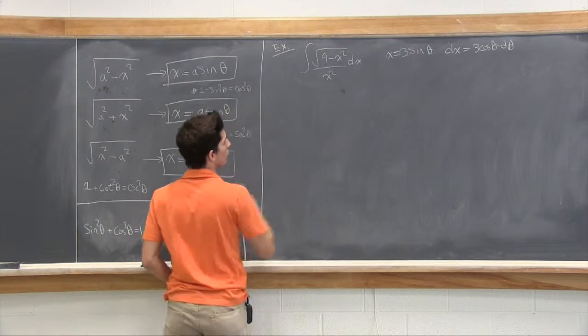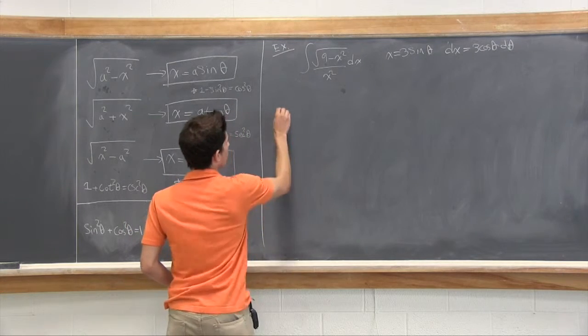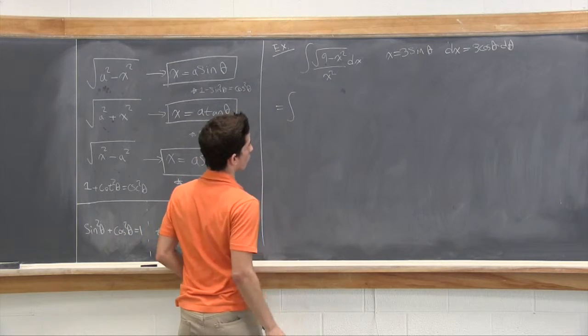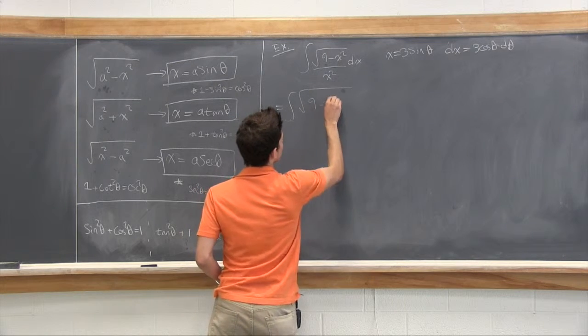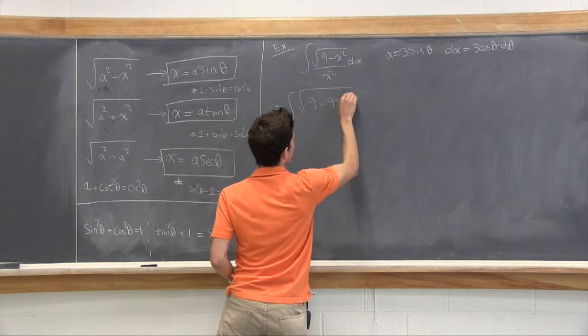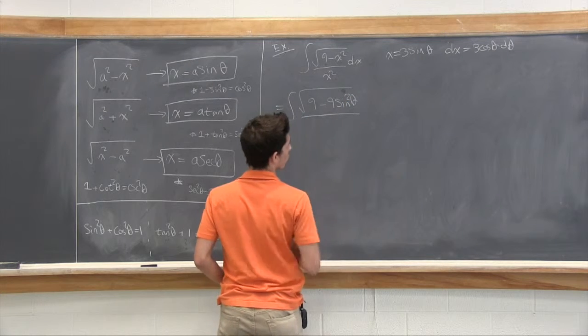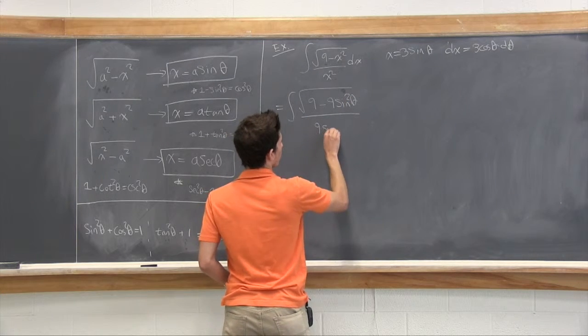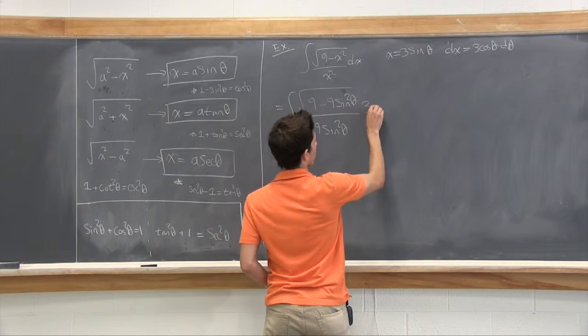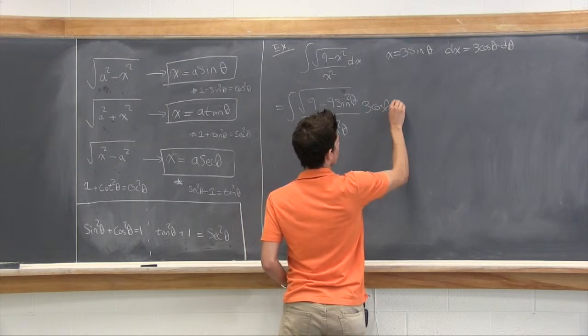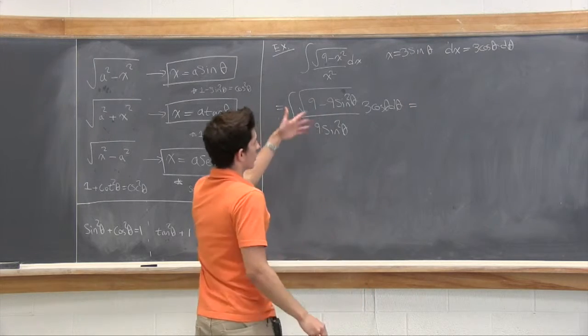All right, so let's actually go ahead and do the substitution. This is equal to 9 minus 9 sine squared theta all over 9 sine squared theta, and then dx gets replaced with 3 cosine theta d theta. Let's go ahead and clean this up a bit.